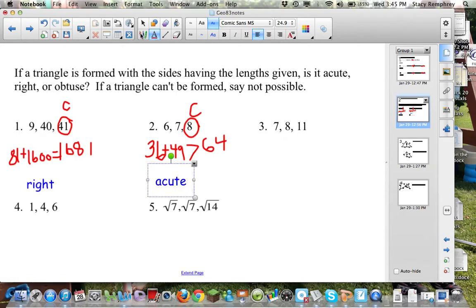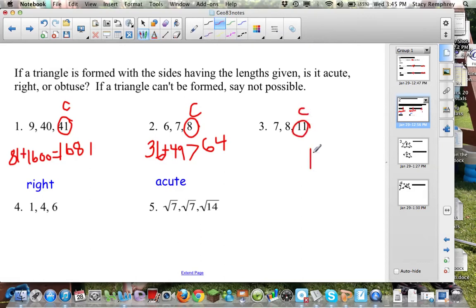Over here, do the same thing. 49 coming from 7 squared, 64 coming from 8 squared.